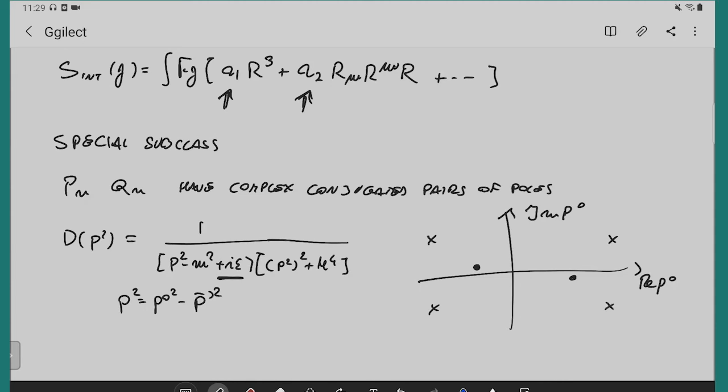Why is this interesting? Because these two poles, the ones with the Feynman prescription, do not give any problems. They are real poles, except for this tiny i epsilon. They both have positive residue, so they do not ruin unitarity in any way. The problem comes with the additional poles, because some of them have negative residue, but they appear in complex conjugated pairs.